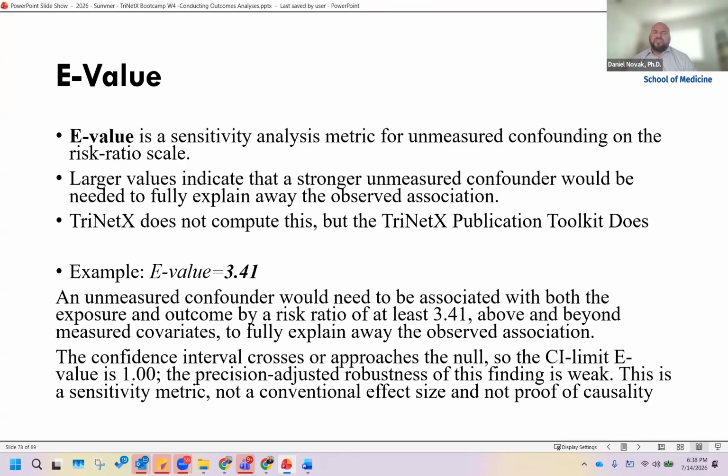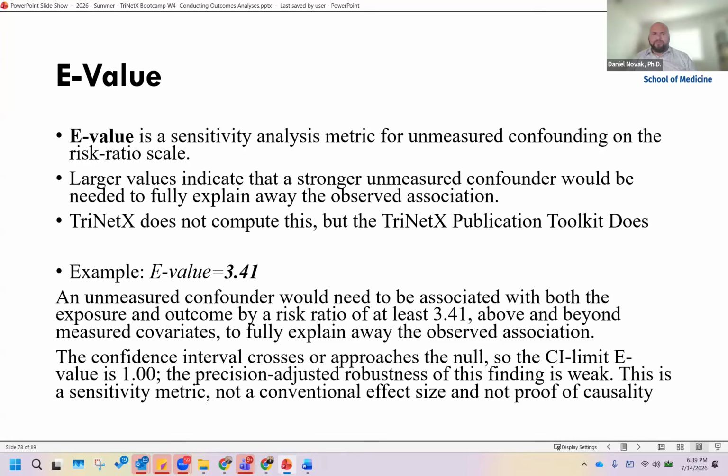An alternative tool you can use for this, which you have to compute separately outside of TriNetX, is the E-value. It's a sensitivity analysis metric for unmeasured confounding on the risk ratio scale. Larger values indicate that a stronger unmeasured confounder would be needed to explain away the observed association. So TriNetX doesn't compute it, but the TriNetX publication toolkit that I'll show you guys later will compute it based on your findings.